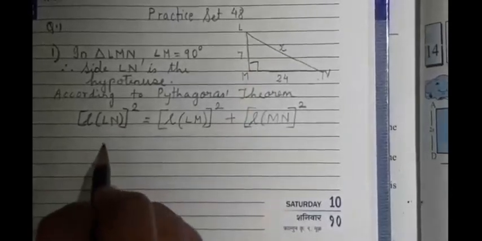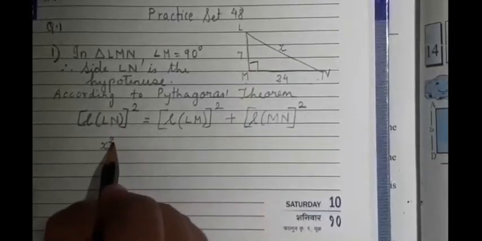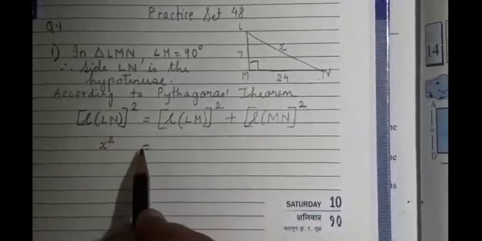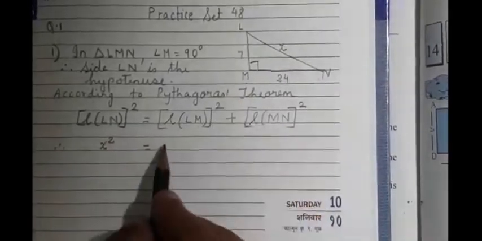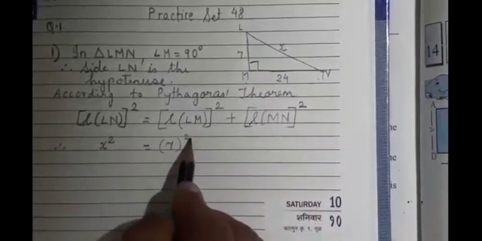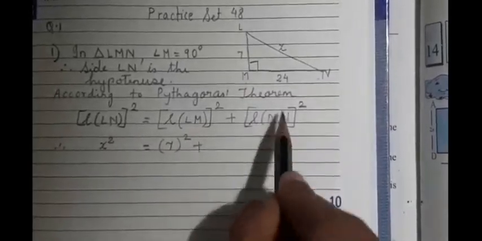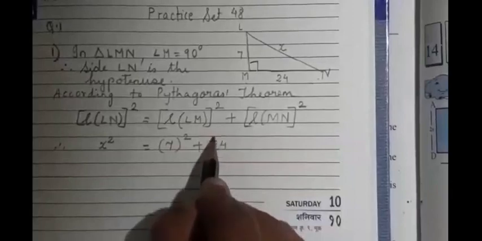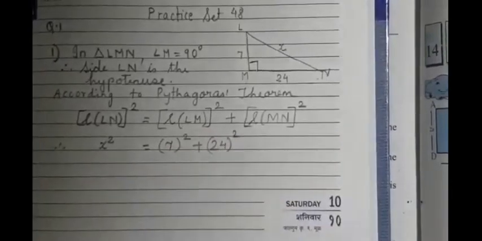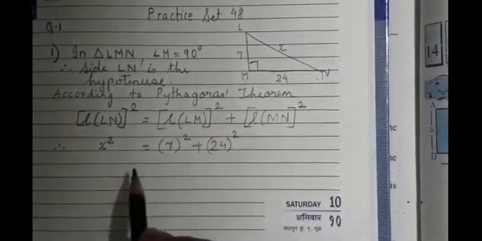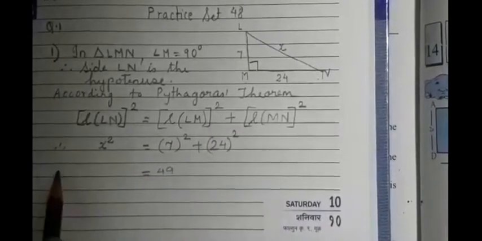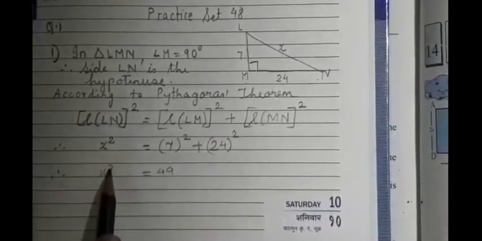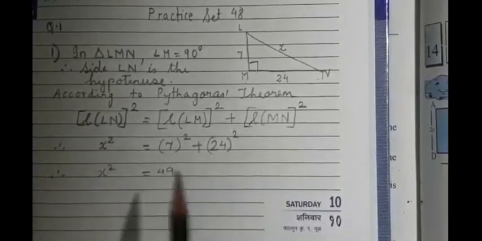Now we'll substitute the values. LN is x, so x square is equal to LM, which is 7, square plus MN, which is 24, square. We all know 7 square is 49.